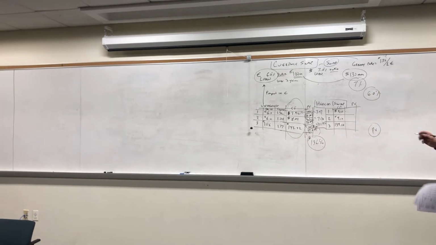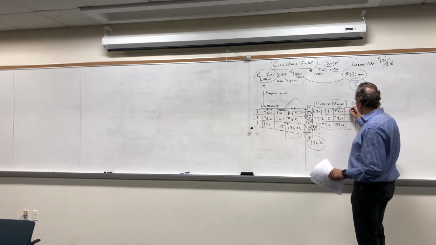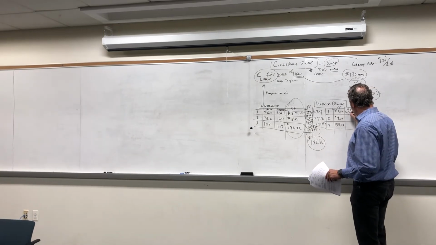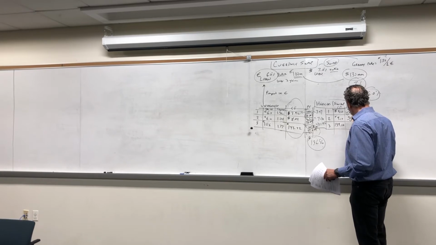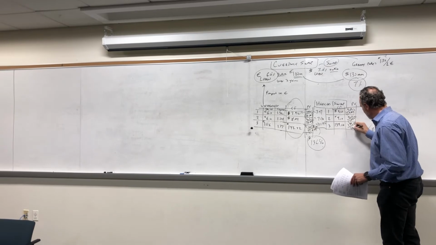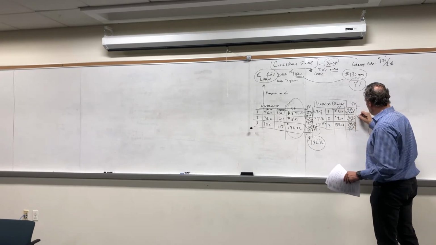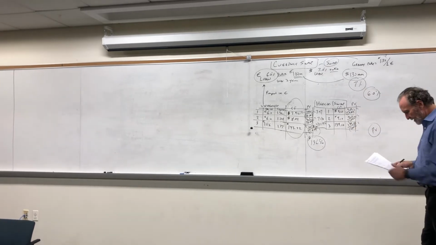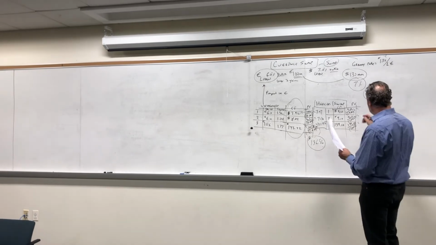But let's do the 6% on this thing too. So 910 divided by 1.06 in the first power, 910 divided by 1.06 the second power, and 139.10 divided by 1.06 in the third power. So here I get 858.